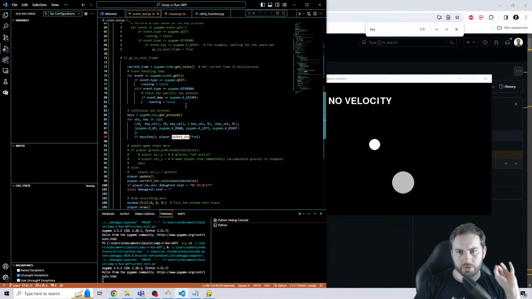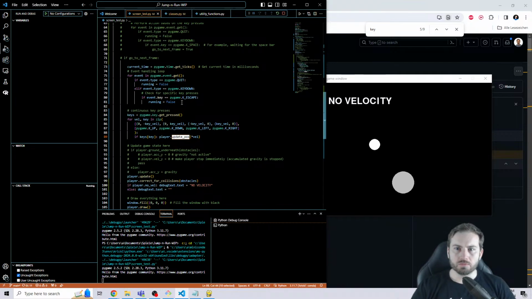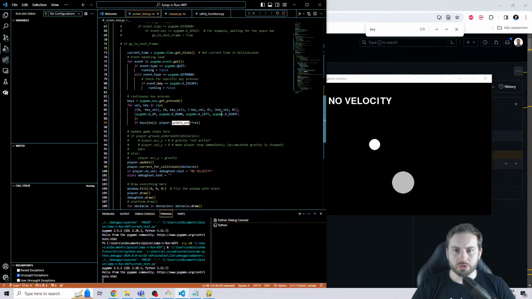I update the position of the player, but this happens in a... I don't know actually. Right now at least. Keys, key press, player, update position.